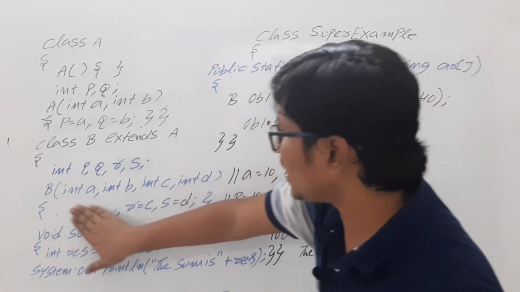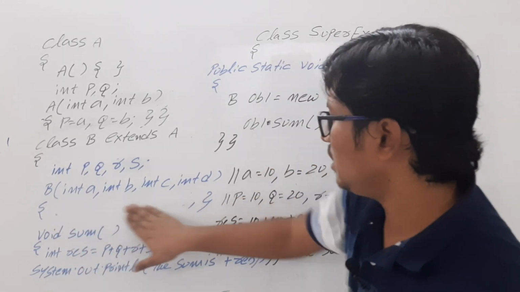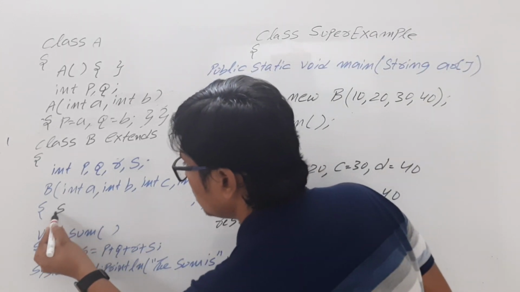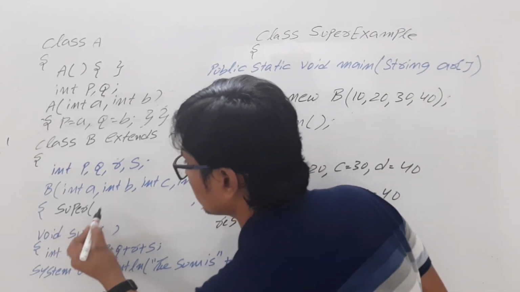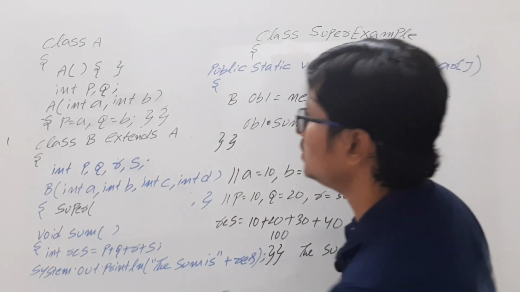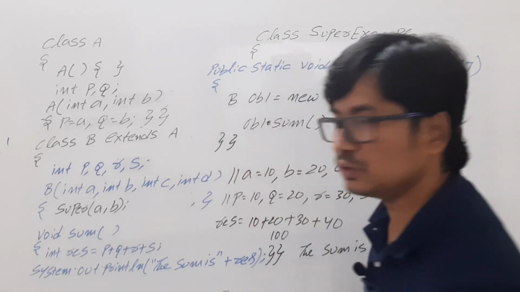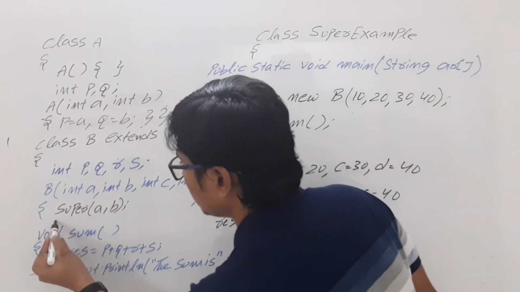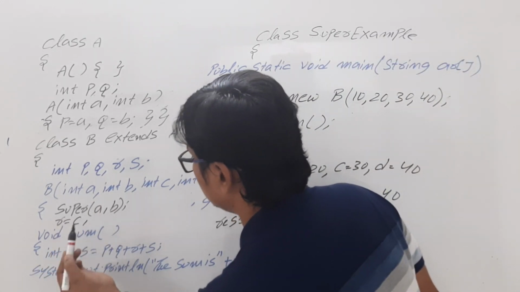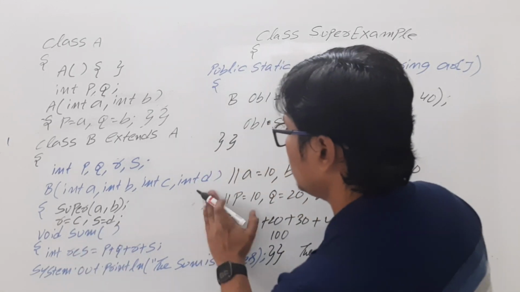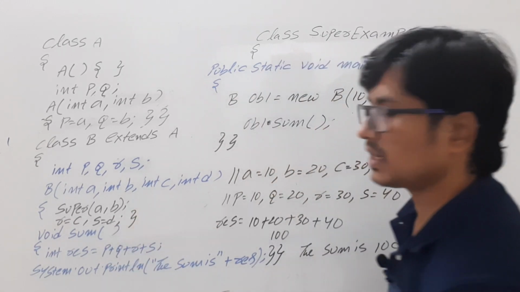So instead of writing this statement again, what I can do is that I can call the super. Okay, I can write the super, and then I can pass the a comma b values. Then here I can write r is equal to c comma s is equal to d. Okay, now let me close the constructor.